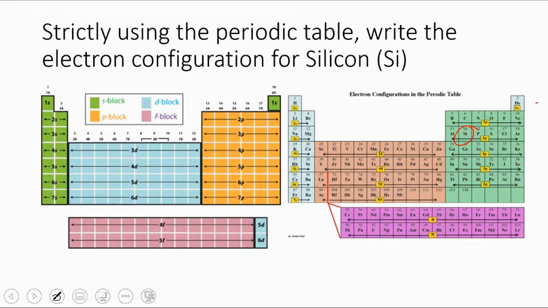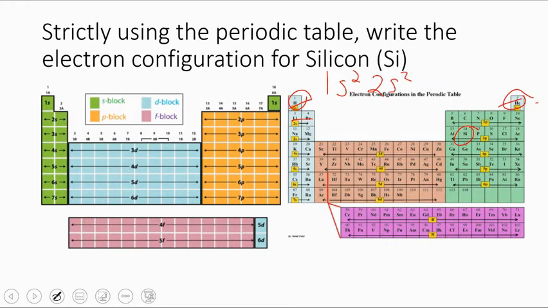Instead, I'm going to make that easier on myself. I'm going to say that silicon is 1s2 because I have 2 electrons in my 1s. Okay. Then I have my 2s right here. This is going to be 2s2.